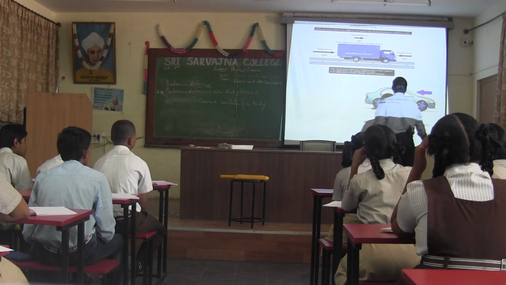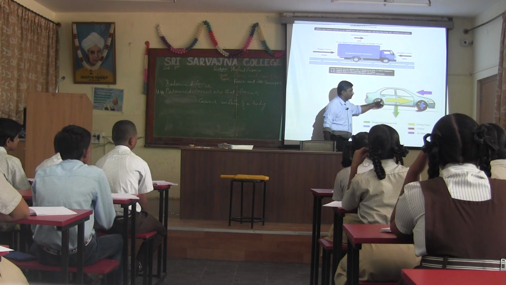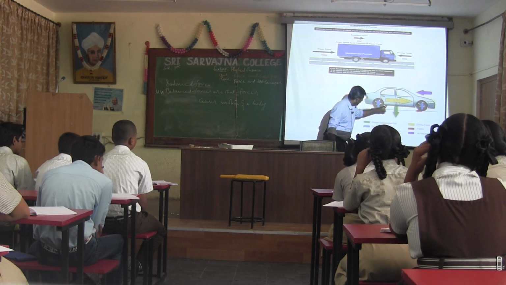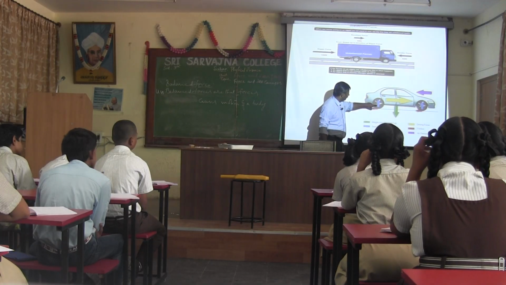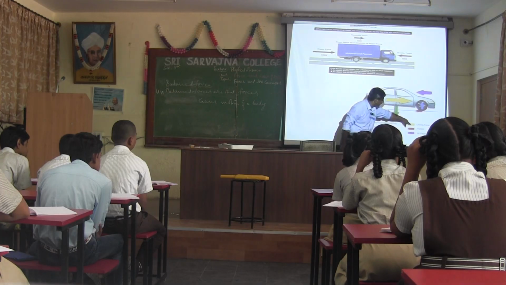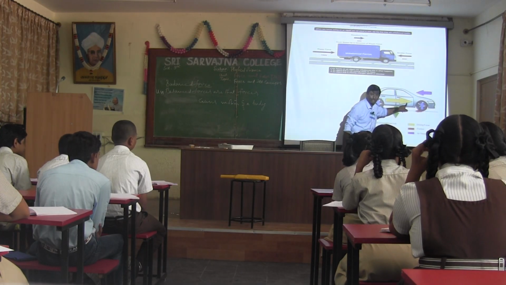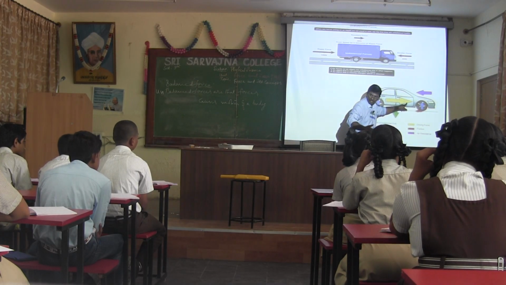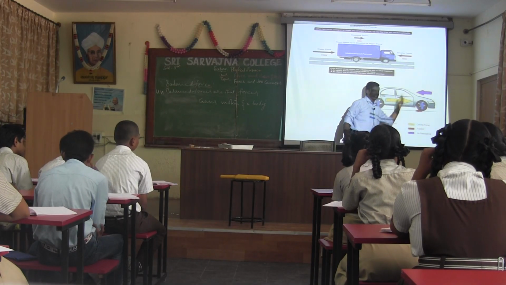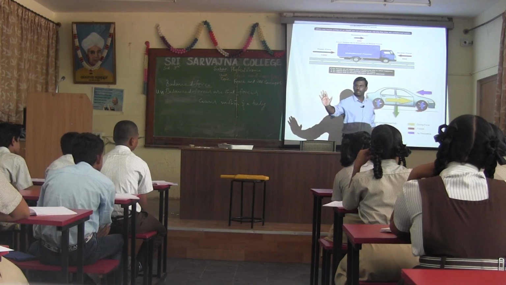Next, look here. How many forces are acting on this car? Observe this. There is weight, that is gravitational pull, and the reaction force, that is the wheel reaction force. Red color indicates the frictional force. This is the driving force, the mechanical force from the engine. Then air resistance, air is also a force.